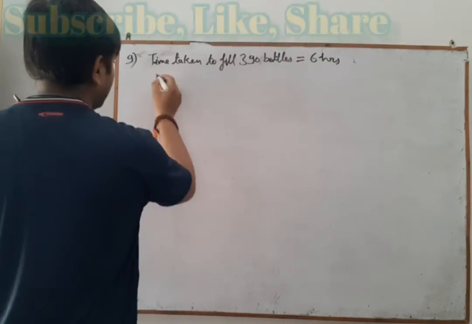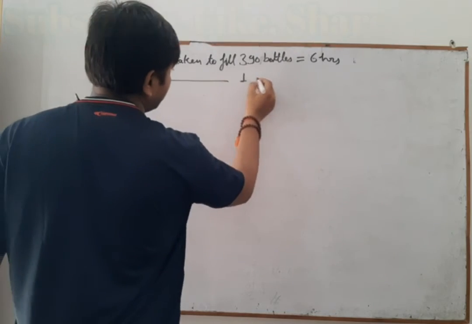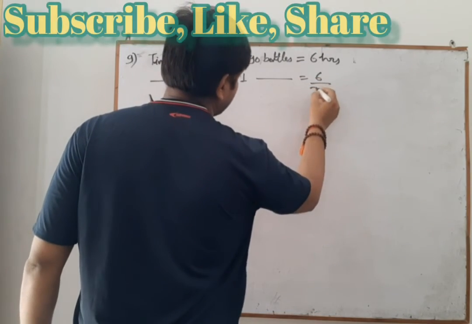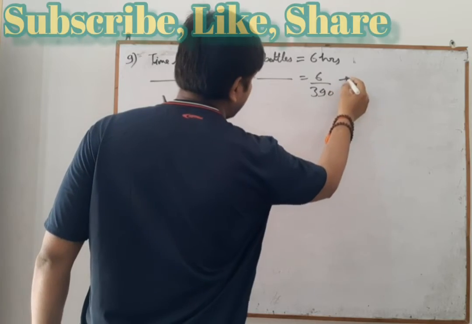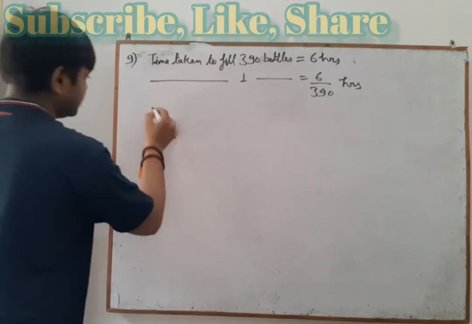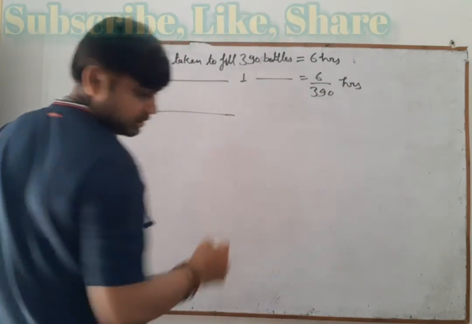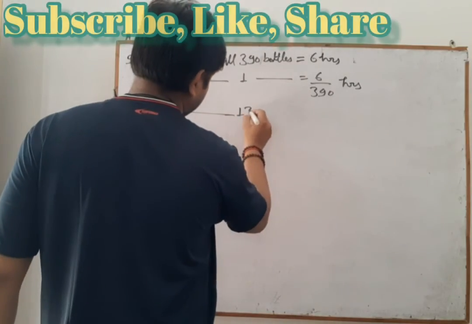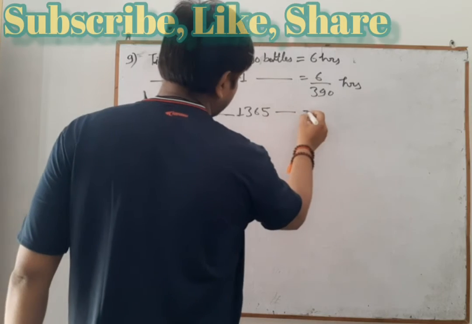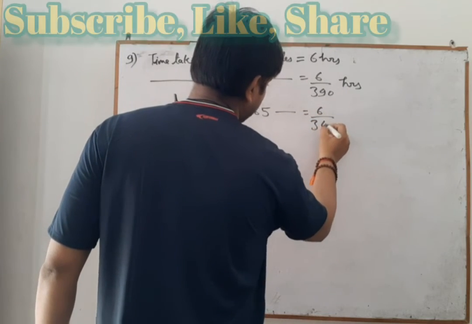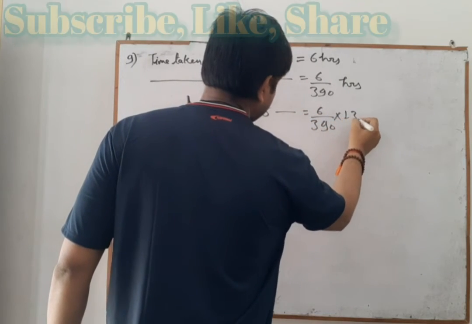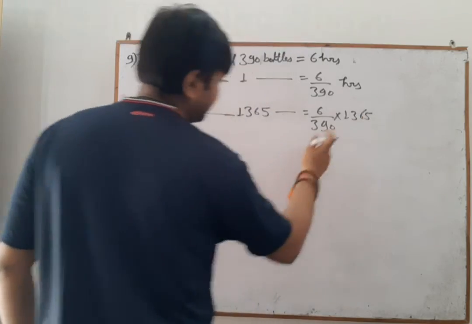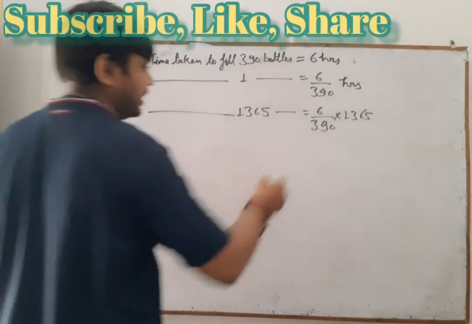So time taken to fill one bottle will be equal to 6/390 hours. So time taken to fill 1365 bottles is equal to 6/390 into 1365. We will solve this and we will get the answer.